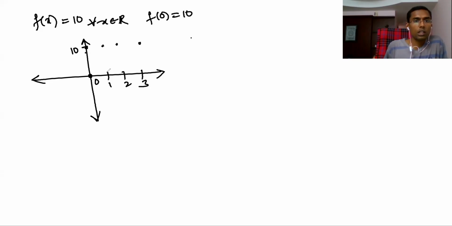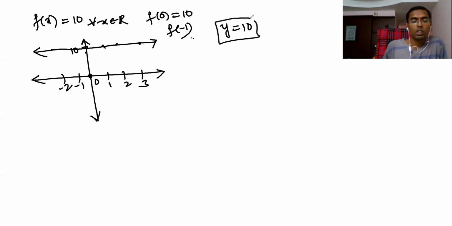See, 0 comma 10 is here, 1 comma 10 is here. So f of -1 is also 10, -2 also 10. So graph will be like this. So y equal to 10 is parallel to x-axis. Graph is parallel to x-axis. Very simple.